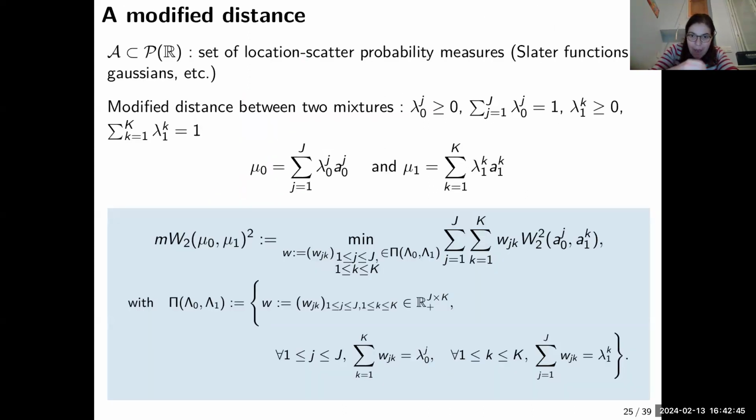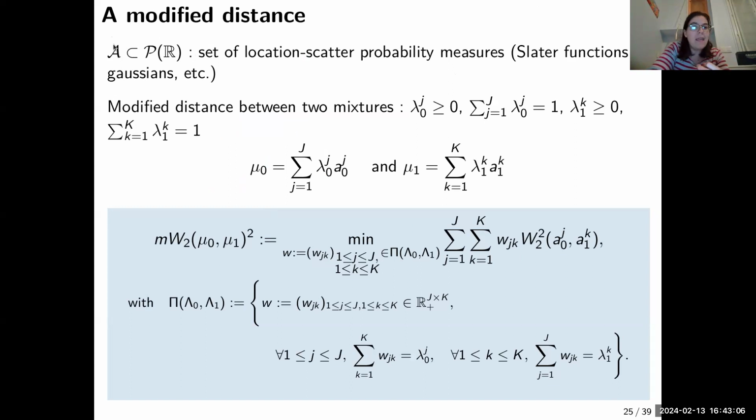And that's the reason why we considered another metric, which is a modified Wasserstein metric, but which is dedicated to a particular subset of probability measures. This particular subset of probability measures will be built out of these location scatter probability measures I told you about.